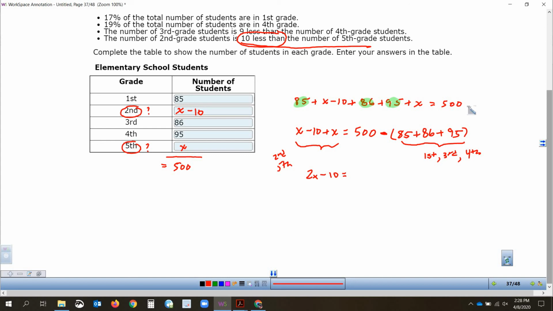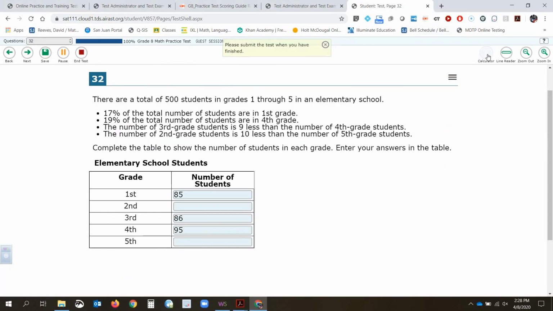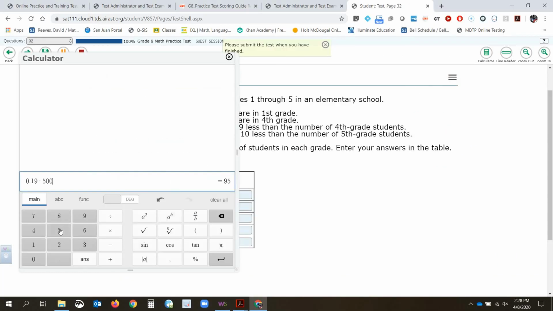All right, so I'm going to go ahead and go to my calculator. Hopefully I can remember this: 85 plus 86 plus 95. Let's go ahead and clear everything out of our calculator first. I'm going to do 500, then minus, and then parentheses.